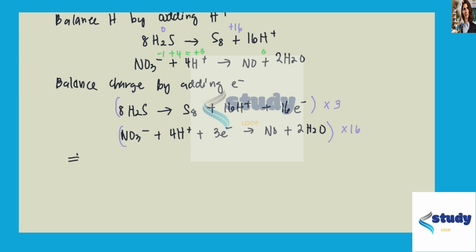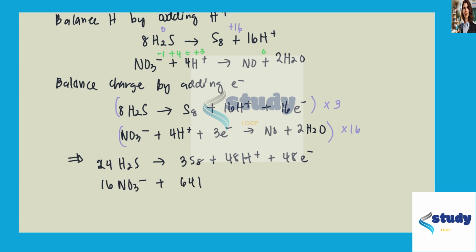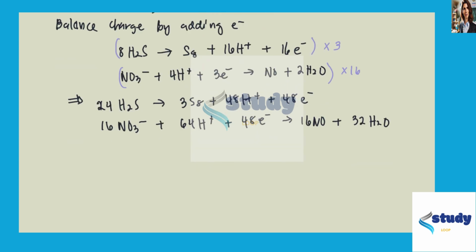So doing that gives us 24 H2S forms 3 S8 plus 48 H plus 48 electrons for the first equation, and the second equation becomes 16 NO3 minus plus 64 H plus 48 electrons to form 16 NO plus 32 H2O.